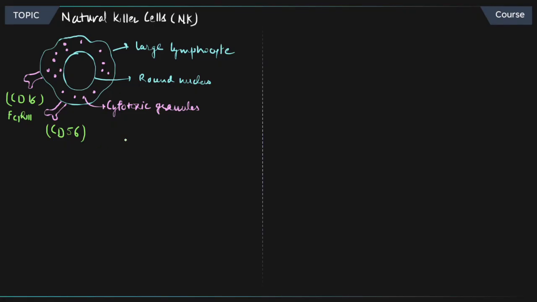Next, you also have another receptor which is known as KIR receptor. So let me draw right over here, KIR receptor. The next receptor we have is another interesting receptor, which is NKG2D receptor. Very important receptor.